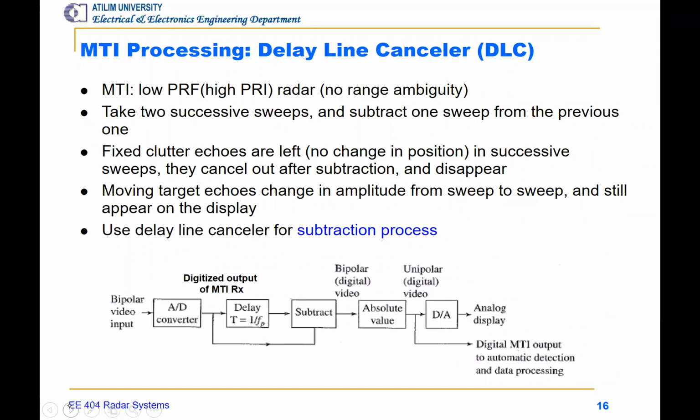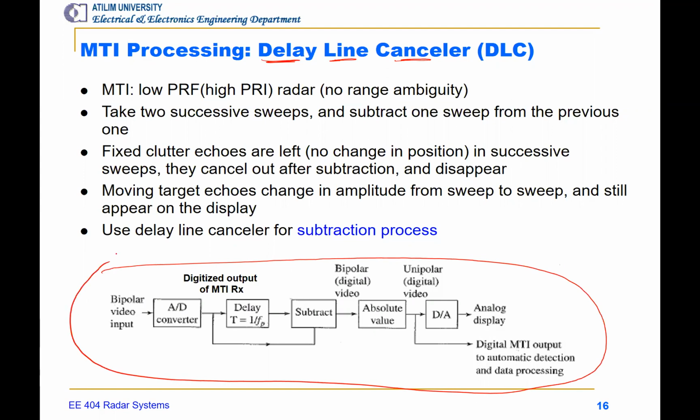Okay, here is how to process MTI signals. Remember that MTI is a low PRF system, so high PRI. There is no range ambiguity in MTI. And we use the delay line canceller, as we have illustrated in the previous slide, and we'll be giving the details of this DLC concept in the next slides. And here we see how we process the received signal.